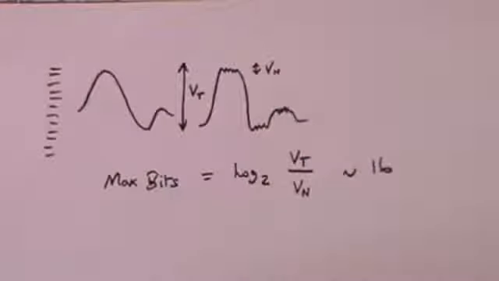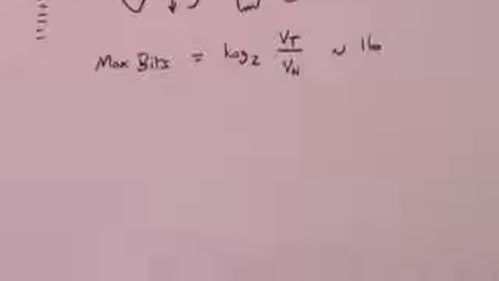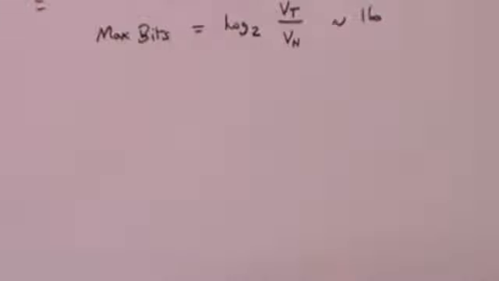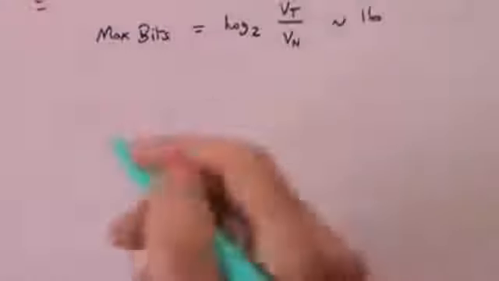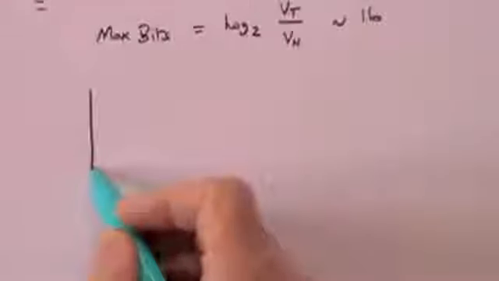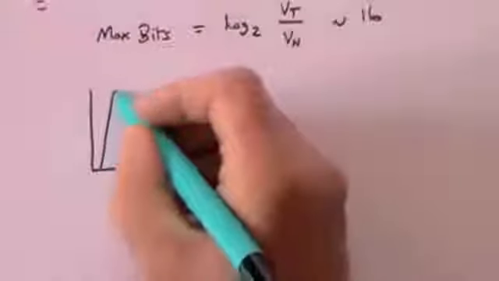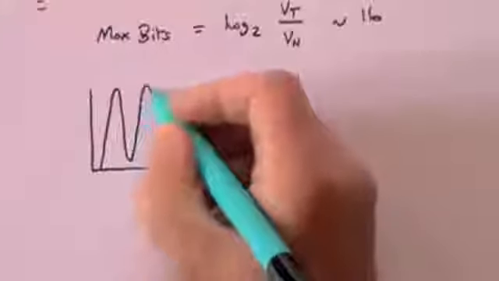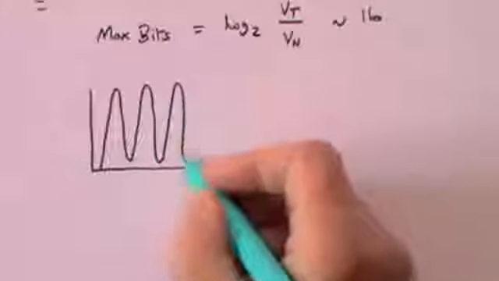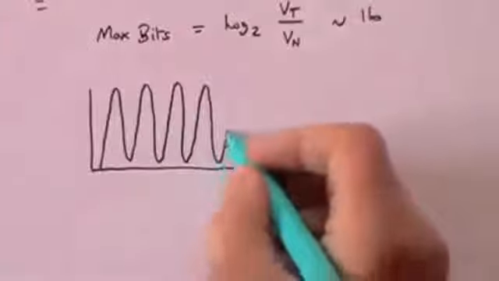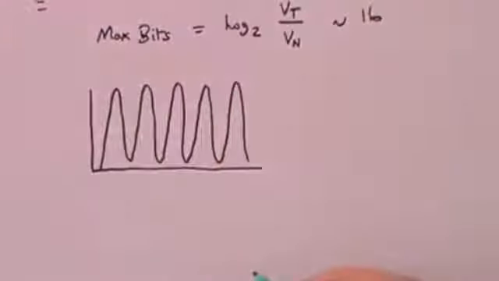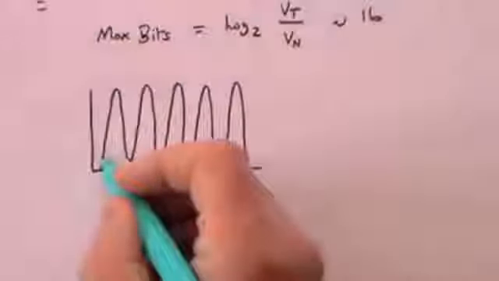Now, what about the sampling rate, which is the number of times per second that we measure the voltage or the current? Well, let's suppose that the actual signal, this is the analog signal, looks something like this. So we've got actually quite a high frequency signal coming in. But let's suppose we sample it here.